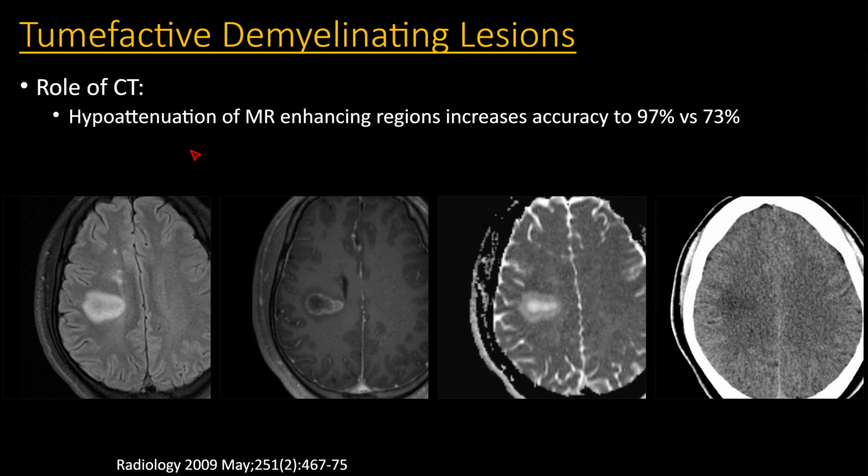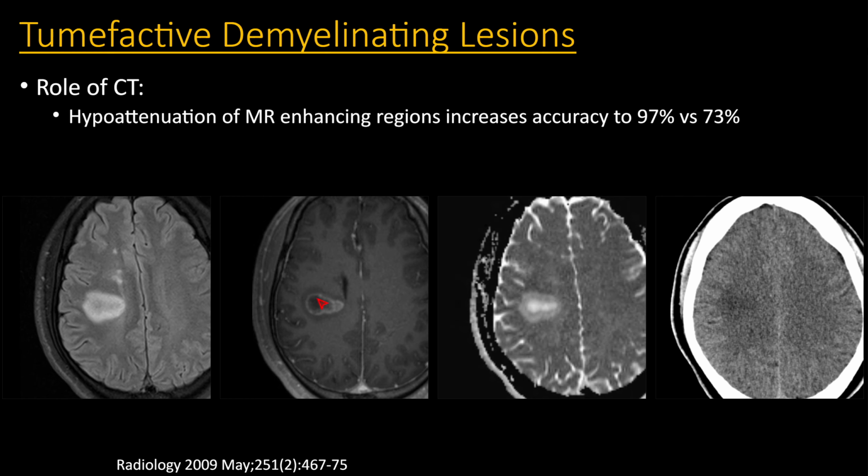Based on this particular study cited on the bottom, if you have hypoattenuation of an MR enhancing lesion, your accuracy in distinguishing between a demyelinating lesion and a tumor increases to 97% versus just 73% if you only use the MRI features.